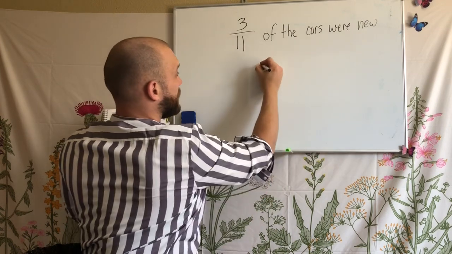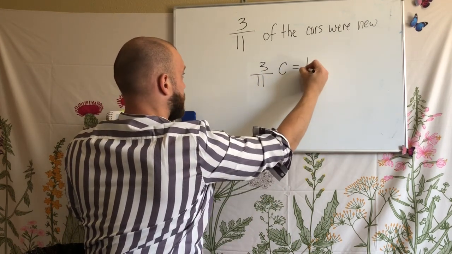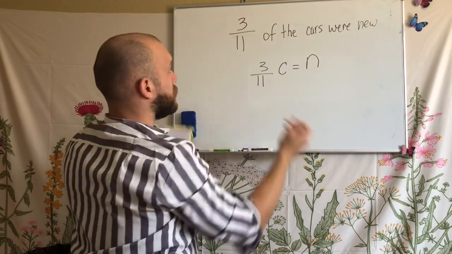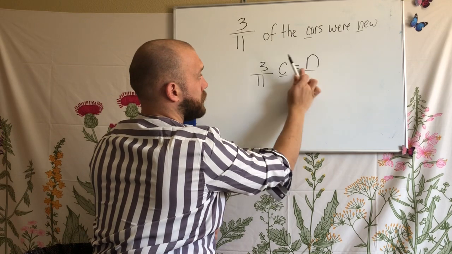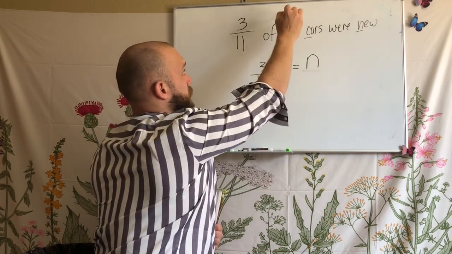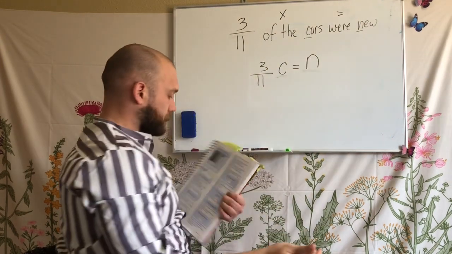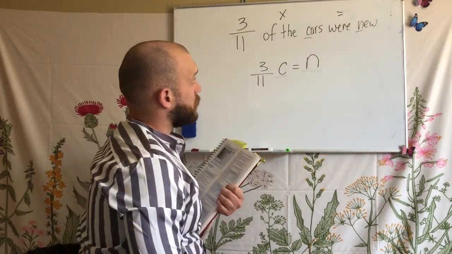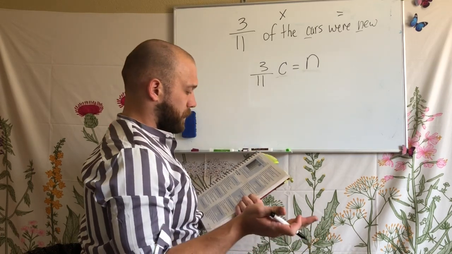That can also be looked at as 3/11 C equals N. Cars, new, C, N. Remember what I said earlier in the year? This means times, of the, and were equals. Or I should say were is the equal sign.